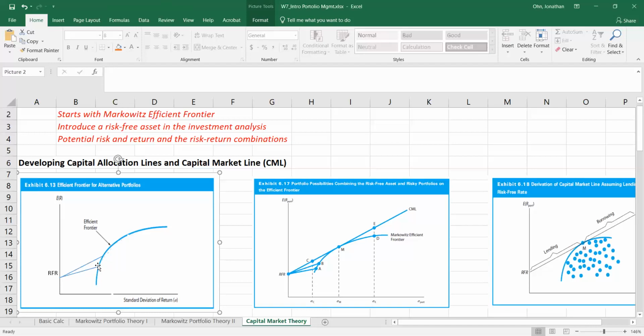If you invest 100% of your money in A, it should be here, A. Right? If 100% of capital is invested in the risk-free asset, it should be located here.